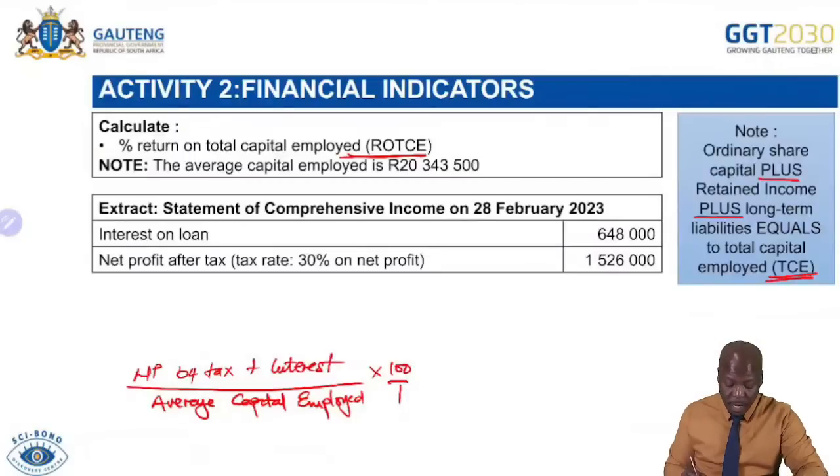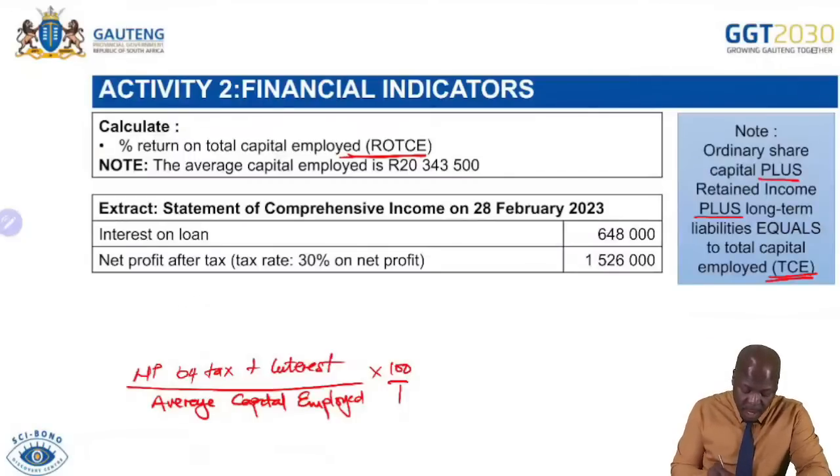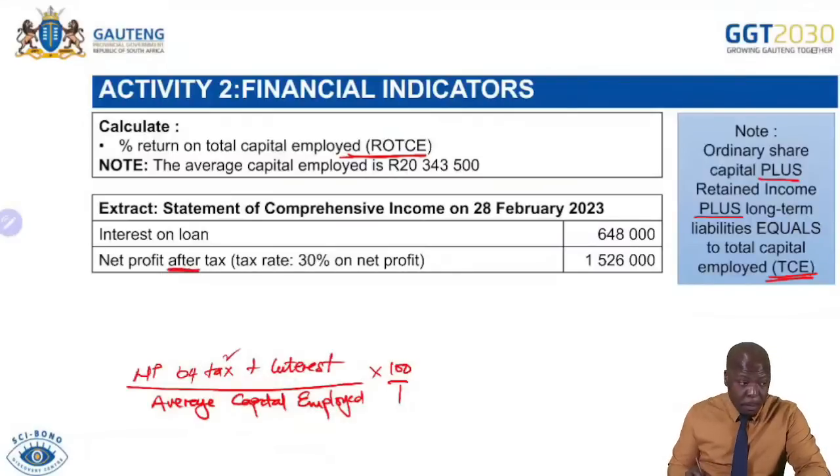Very important. What are we given here? We are given the net profit after tax. But what do we want? We want net profit before tax. And remember, it is easy to calculate that because I know that my net profit after tax is 70%. So what I want is 100 and what I have is 70.